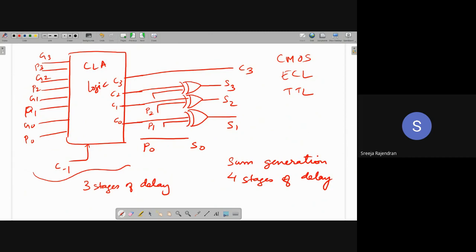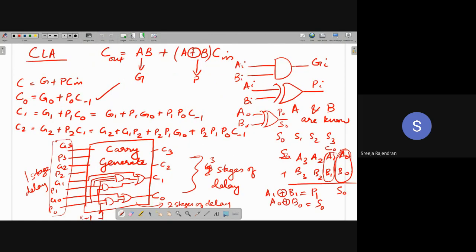All my inputs are going to all my carries. I can generate all my carries just using this C minus 1, is it not? If you look at the previous equations, in all the cases we have eliminated the dependence on intermediate carries. Everything depends only on C minus 1.